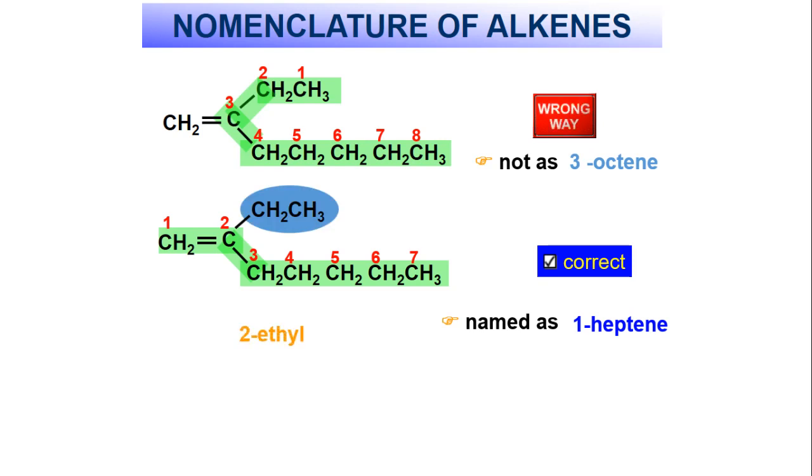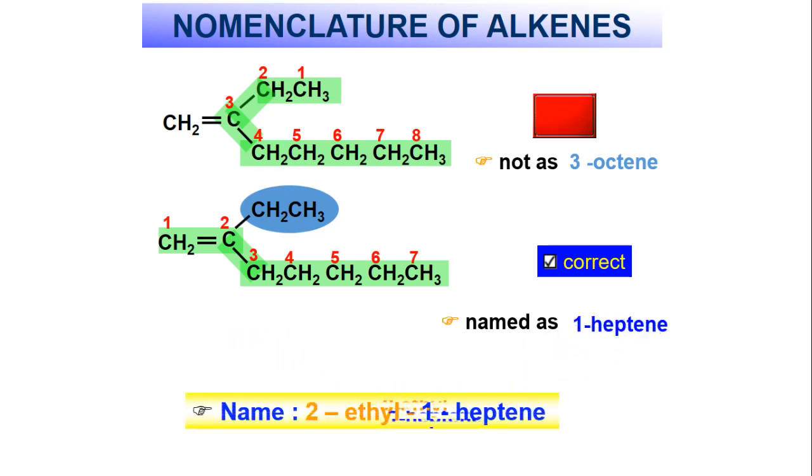That branch is ethyl, and the position is on carbon number 2, so it's 2-ethyl. With that in mind, the overall name will simply be 2-ethyl-1-heptene. That's the correct name for that organic molecule.